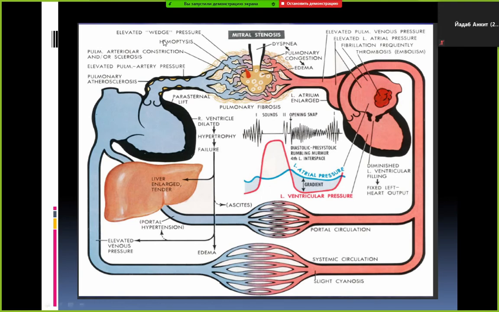After elevating of wedge pressure and hypertrophy and dilatation of right ventricle, patients may have right ventricle heart failure. It will manifest as leg edema, ascites, enlargement of liver.